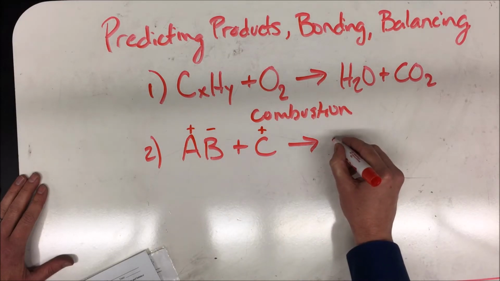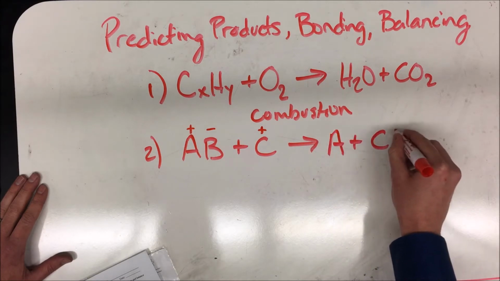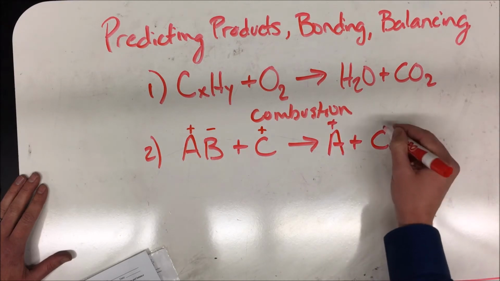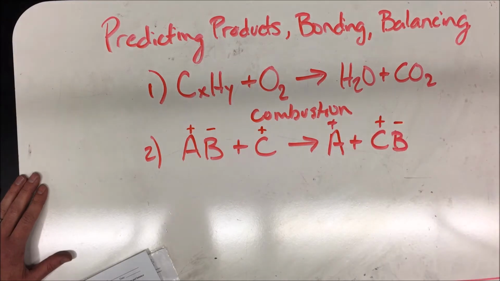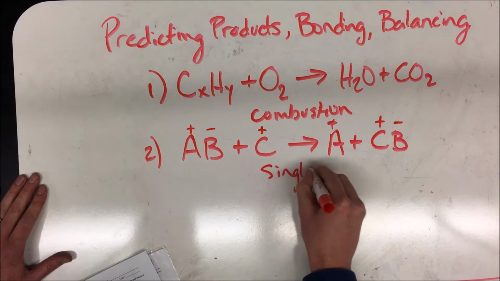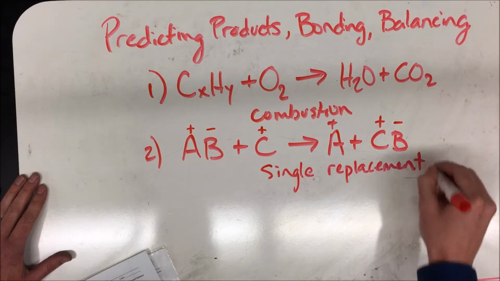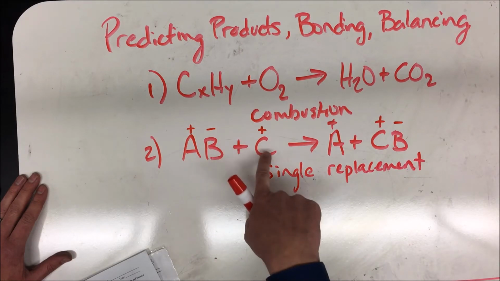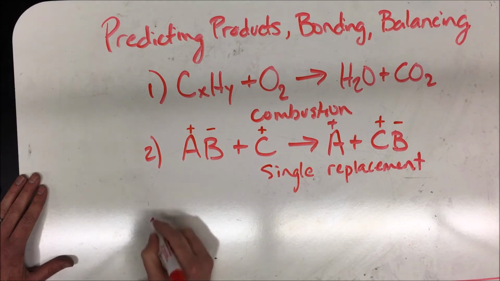So on the product side, we'll get A plus CB. Some of you might ask, why CB, not BC? Well, because C is our cation, and we always write our cations first. That is called single replacement, because one anion is being replaced and switching over to the other cation.